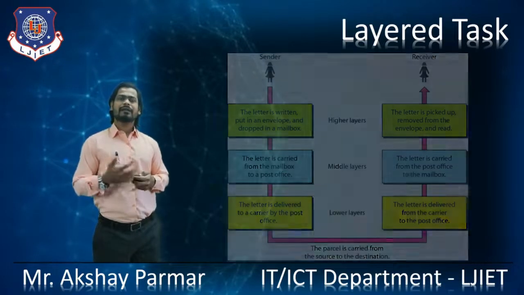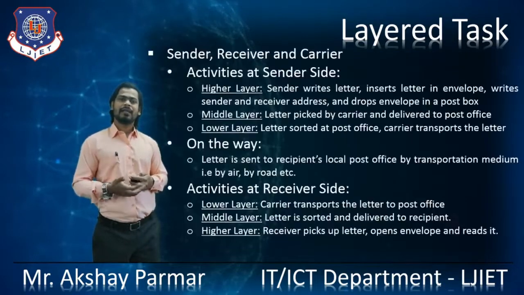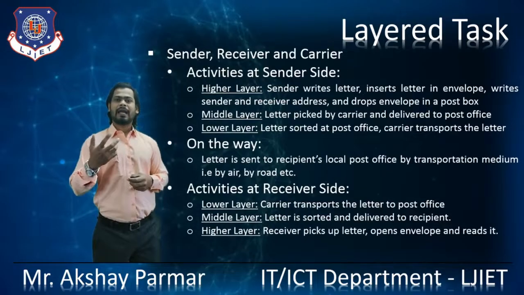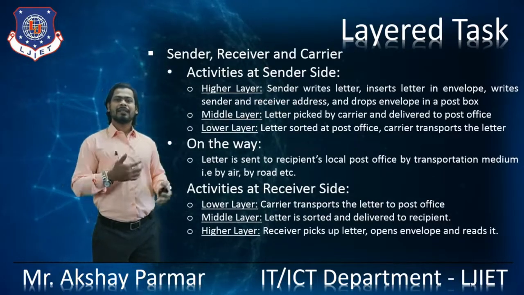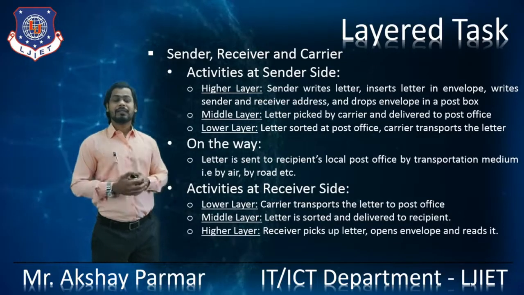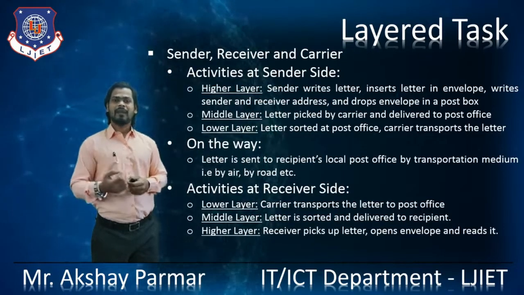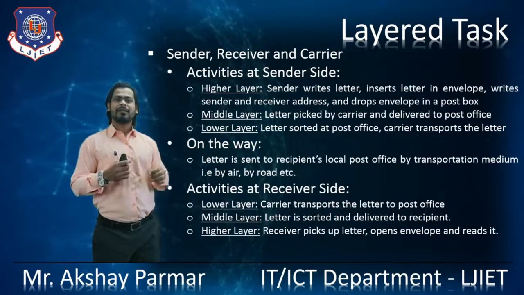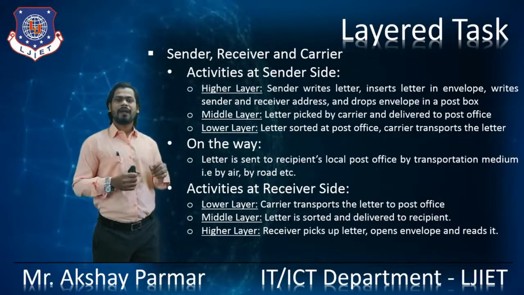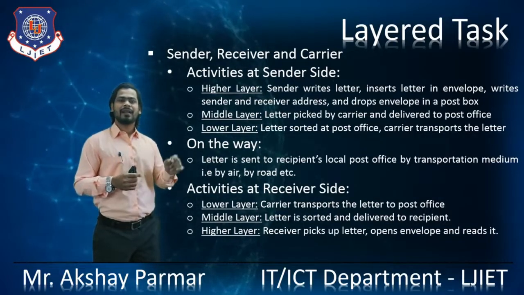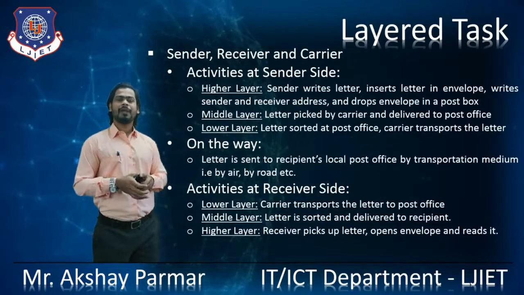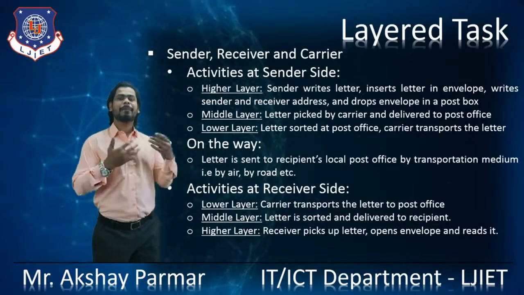The activity involves the sender side, receiver side, and the carrier side, right? The activity at the sender side is the higher layer. As we discussed, in the higher layer, the sender will write the letter, insert the letter into the envelope, write the sender's and receiver's address, and drop the envelope into the post box, or we can say the mailbox, right?